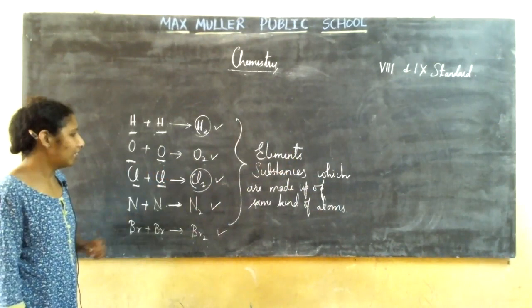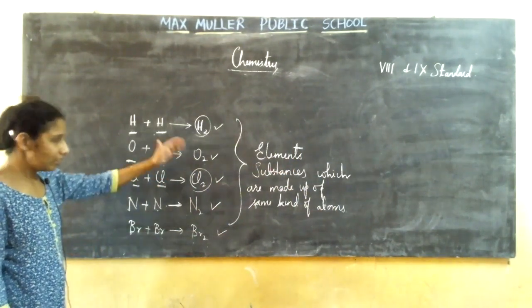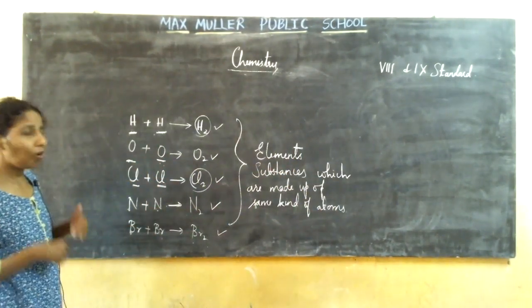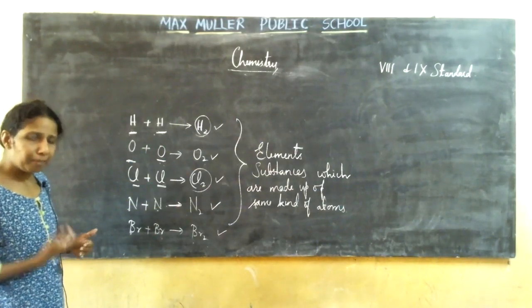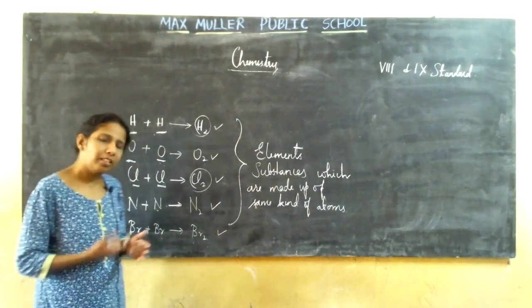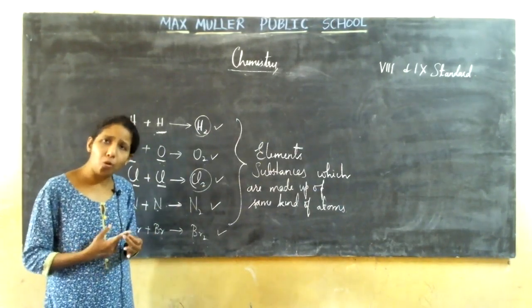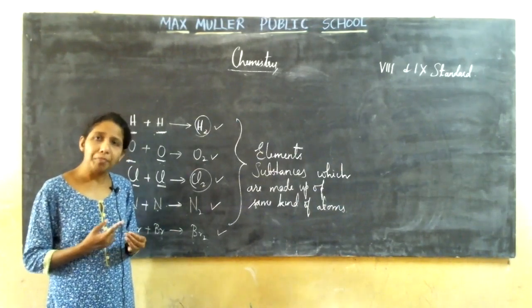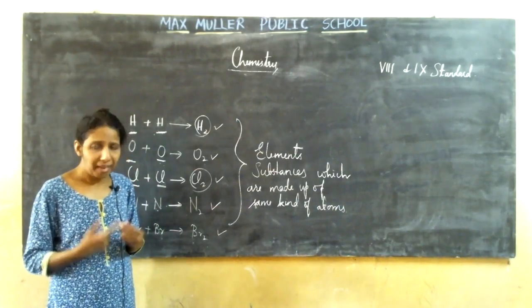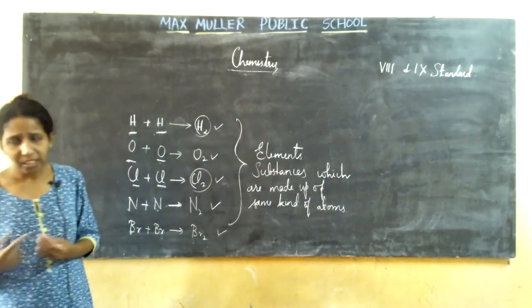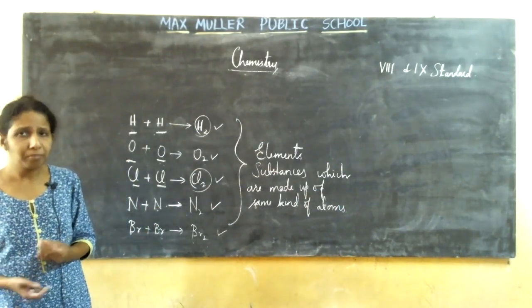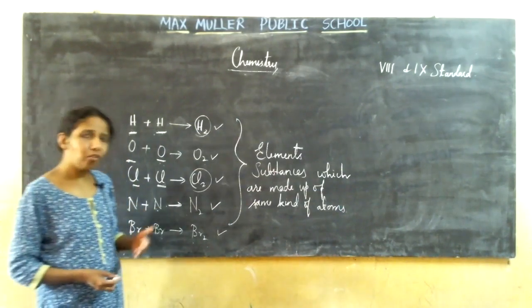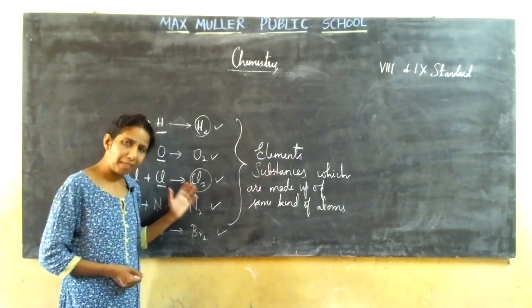Okay, which are the other examples of elements? These are a few examples of elements. All the metals, like sodium, potassium, gold, silver, mercury, then platinum, calcium, magnesium, they all are metals, isn't it?